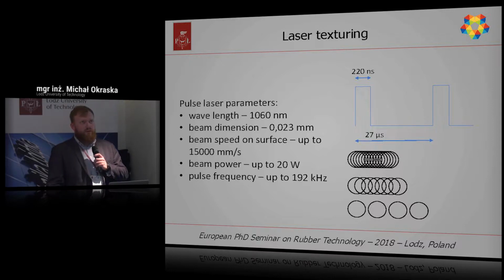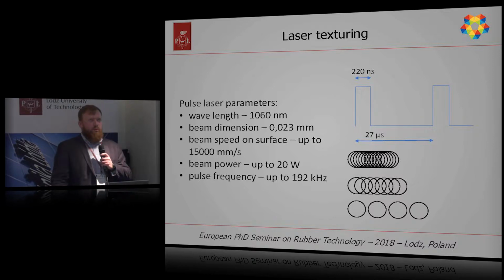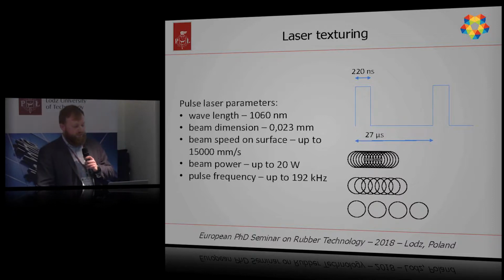I used an infrared pulse laser, which works in pulses, when we have a very short pulse. The standard is 220 nanoseconds, and the repetition of the pulse is 27 microseconds.